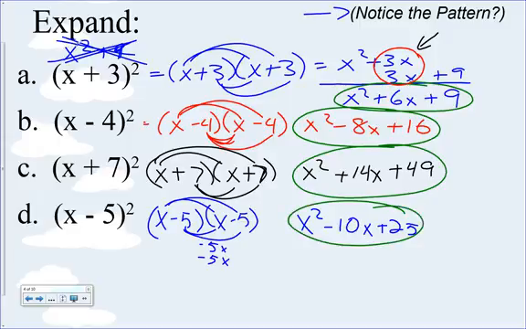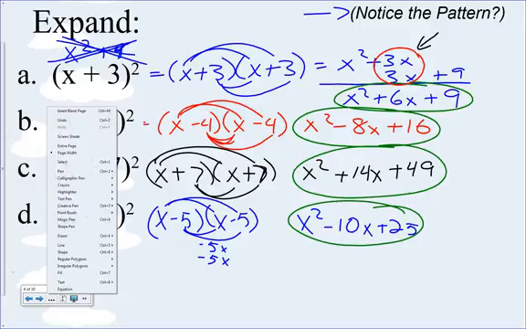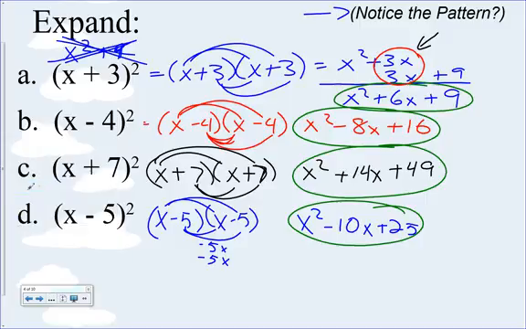There's our four finished products. You can see the pattern. Change our pen color here and I'll point it out to you. The middle term is always double that one multiplied by this one. So if you multiply them together, you get 3x.